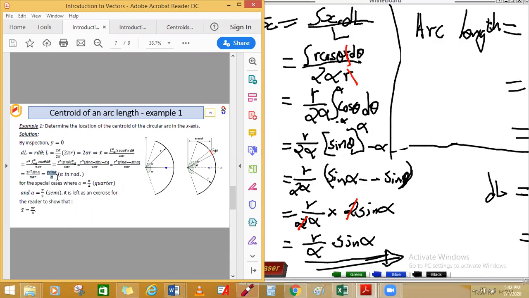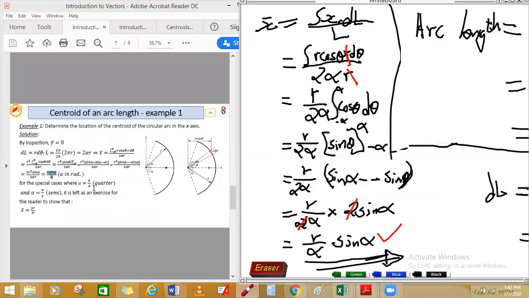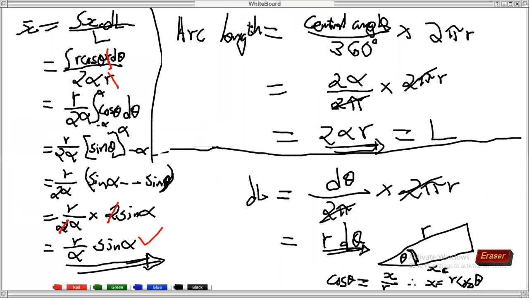R sin alpha over alpha. So it's the same. You got exactly the same answer as we got here. Were you able to do this, isn't it? Yes, sir. Oh, okay, that's good.